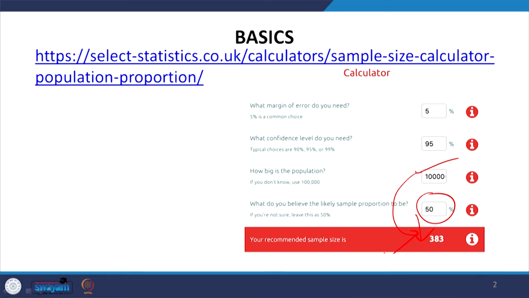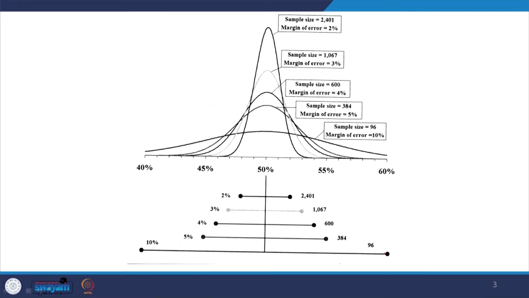And what is the validity of this 383, and how do I believe that it is important? We have certain examples to validate, so let us go by that. Here is a picture we already showed in the last lecture, but I did not explain much because of shortage of time.